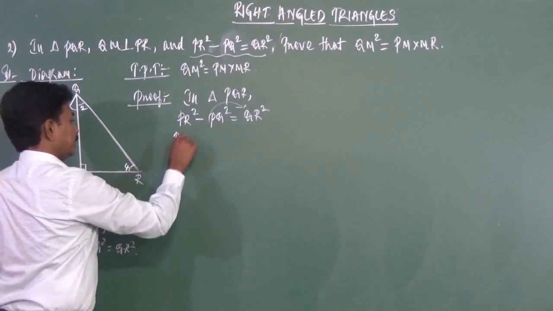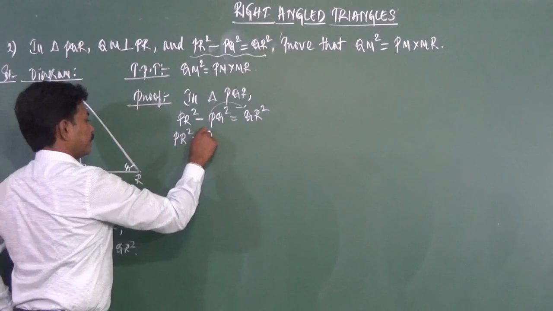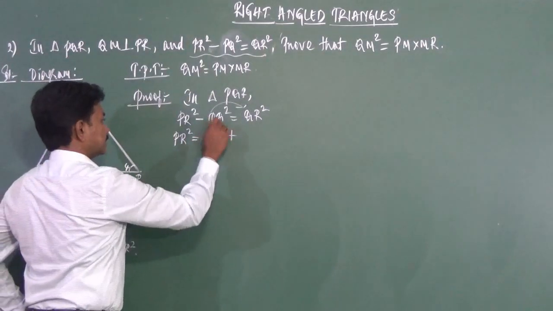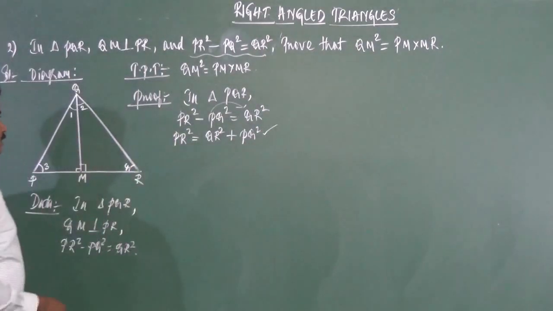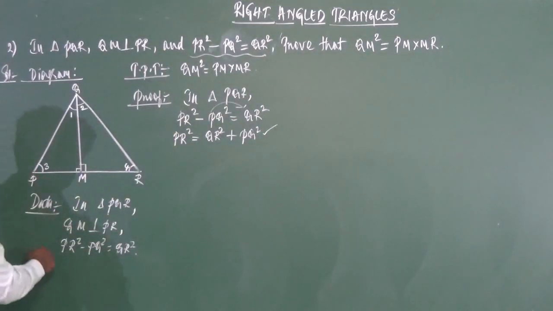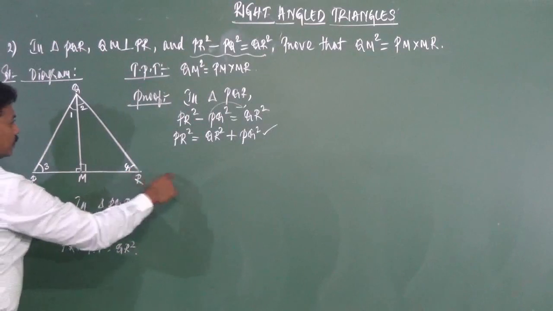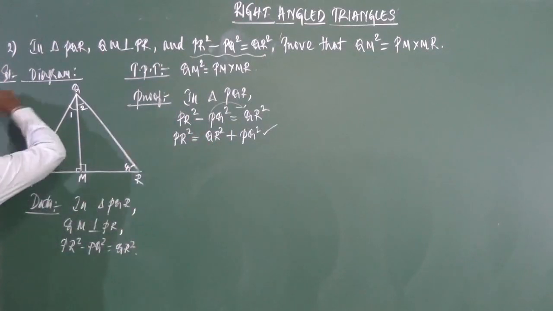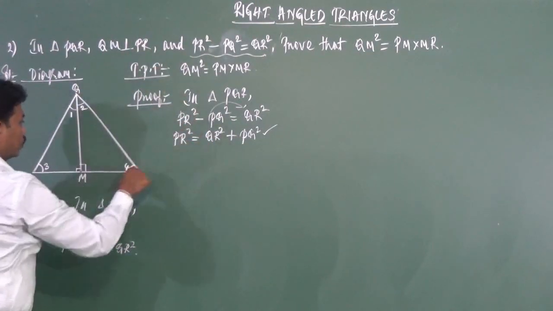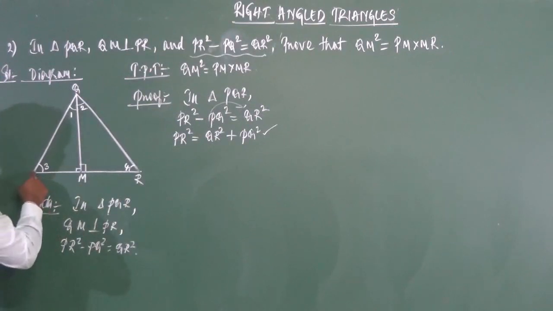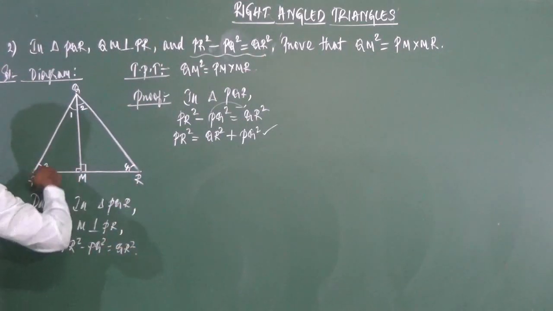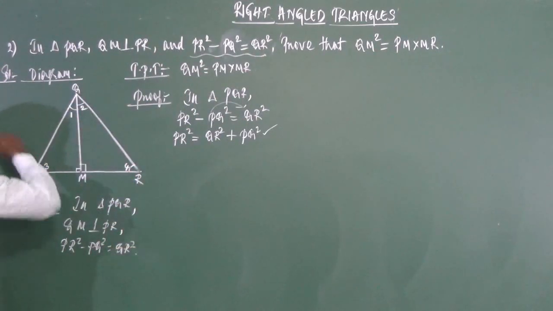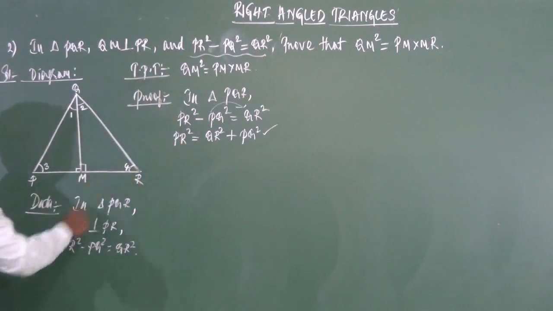That looks like PR square is equal to QR square plus PQ square. So we will see this in this right angle triangle. PR square, the square on PR, is equal to the sum of the squares on PQ and QR. Okay, then the square which is built on one side of this triangle is equal to the sum of the squares on the other two sides.